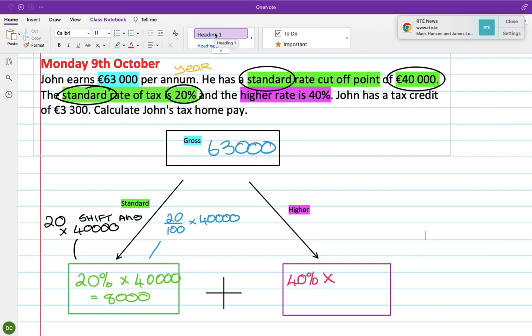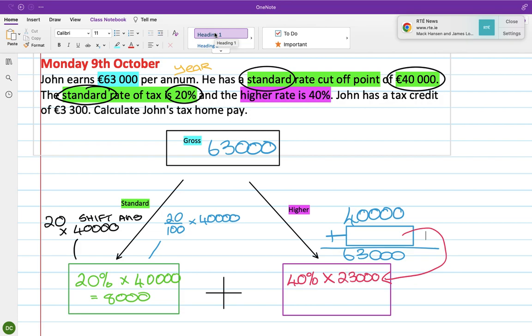He earns 23,000 more because 40,000 plus how much more makes 63,000. So that is where the 23,000 comes from.